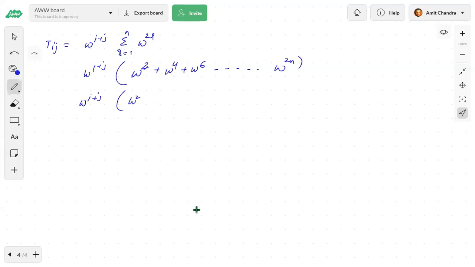If I take omega square common, how many elements are there? N elements, right? The common factor is omega square, so I can write omega to the power 2n minus 1 upon omega square minus 1. Okay, so this is the sum of a GP.